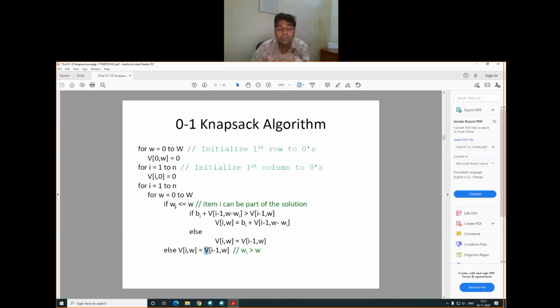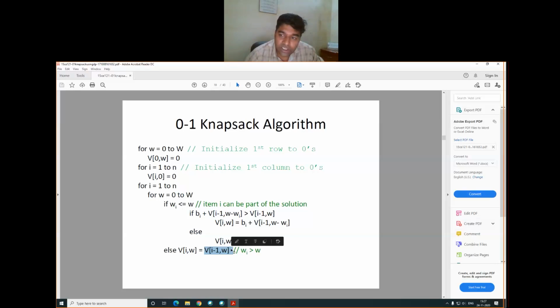It means the item cannot be part of the solution because W of I is greater than the current knapsack capacity. Then we definitely will not include that item, but we still need to update V of I, W to contain the value V of I minus 1, W. Because it is dynamic programming, it uses the current value and earlier computations to solve the algorithm recursively.